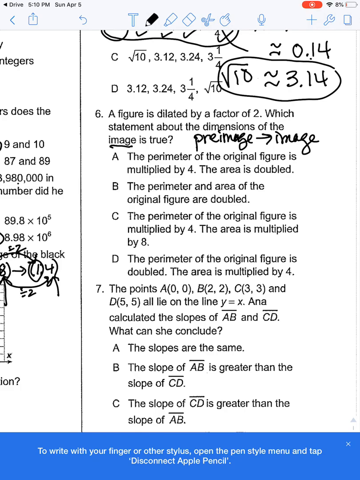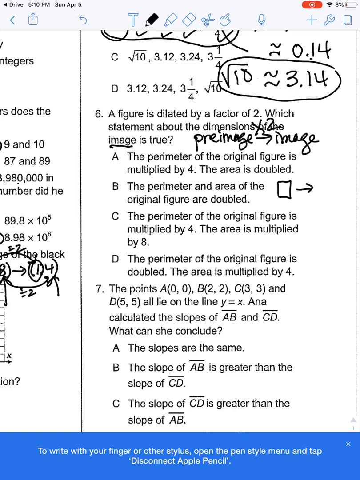So if it's dilated by a factor of 2, it means that to go from the pre-image to the image, we're multiplying the lengths, if you will, on the sides of the image by 2. Here's an example of what that might look like.